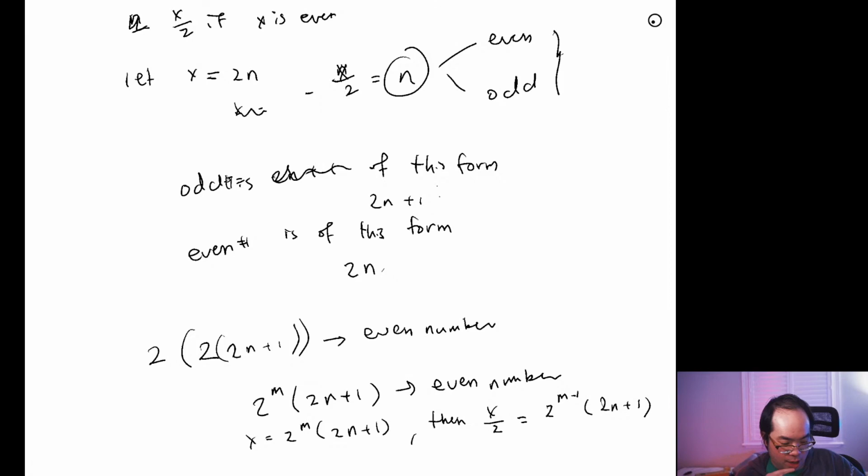So if you reduce m times, you get an odd number. Okay, let's see if this intuition is even correct.